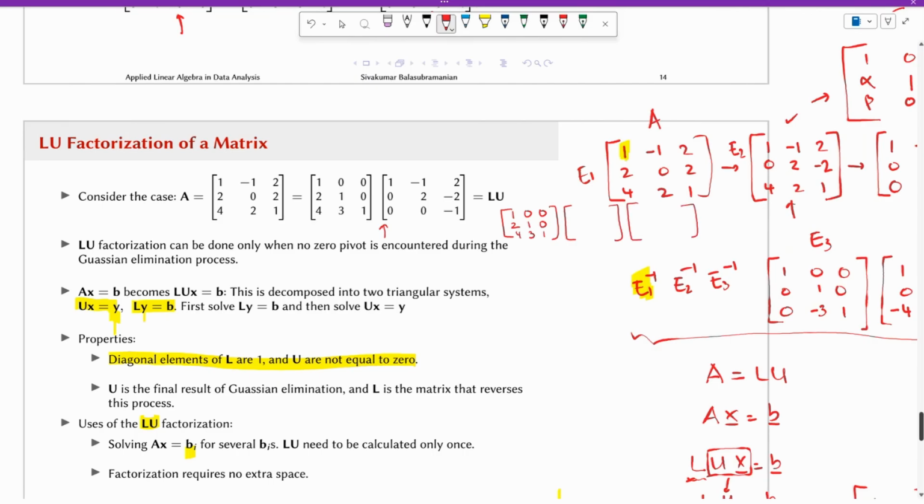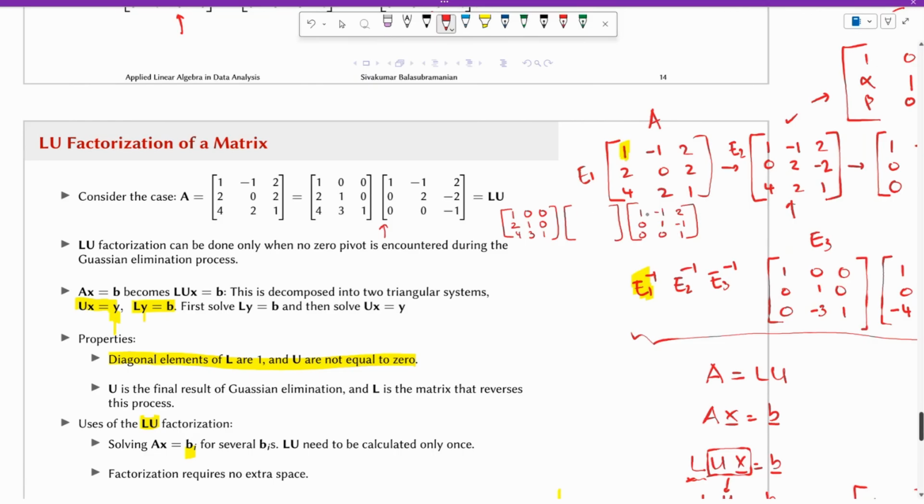You take the upper triangular matrix, keep everything the same, except you make the diagonals 1. Okay, so here 1, minus 1, 2, 0, 1. Well, you don't simply remove them. So this will be 1, minus 1. You scale each row so that the diagonal is 1.